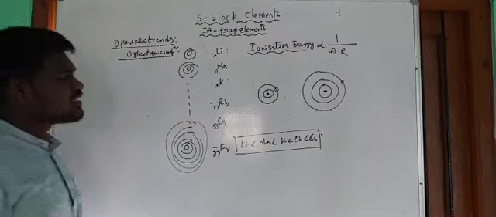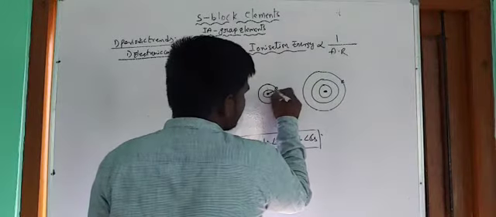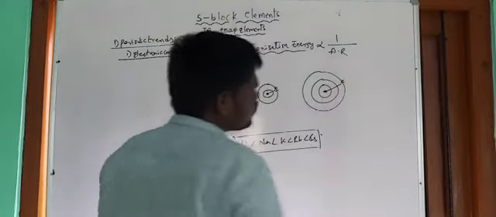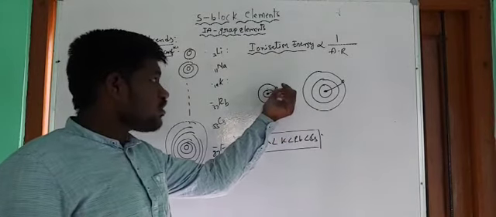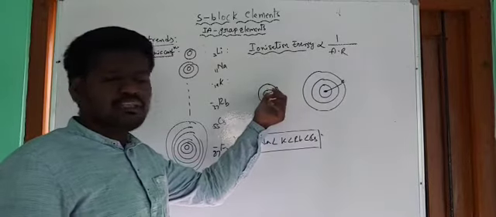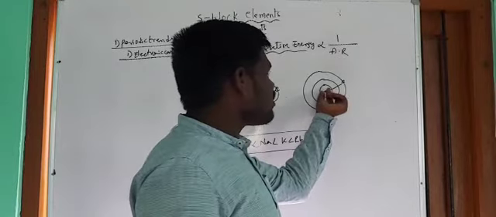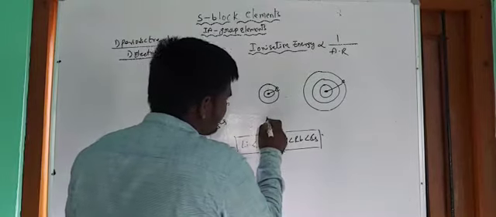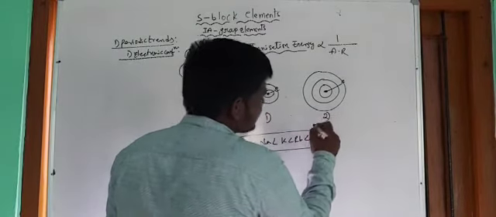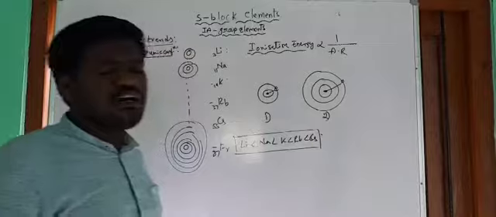You see the distance between the nucleus and the electron in both atoms. Here the distance is less and here the distance is more. When there is less distance between the nucleus and electron, the electron is strongly attracted by the nucleus. But in this case the distance is more, so the attraction of the nucleus on this electron is poorer. In the first case there is more attraction on the electron, but in this case the electron is poorly attracted by the nucleus.